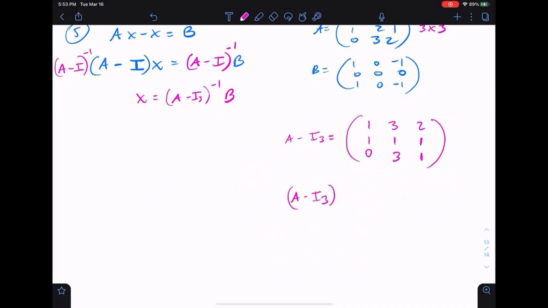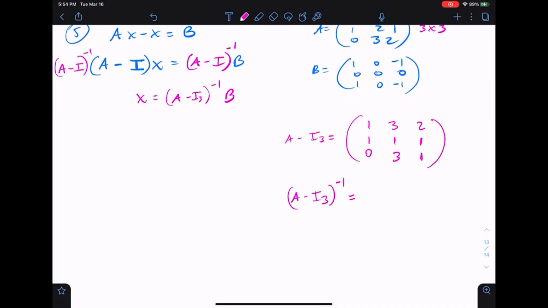If we do that by hand, it's going to take some time, so we use a calculator to make it faster. This is also a 3 by 3: 1, 3, 2, 1, 1, 1, and 0, 3, 1. We need to calculate the inverse of that matrix.